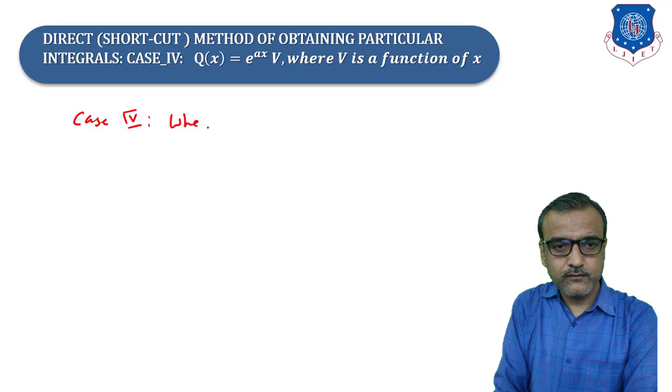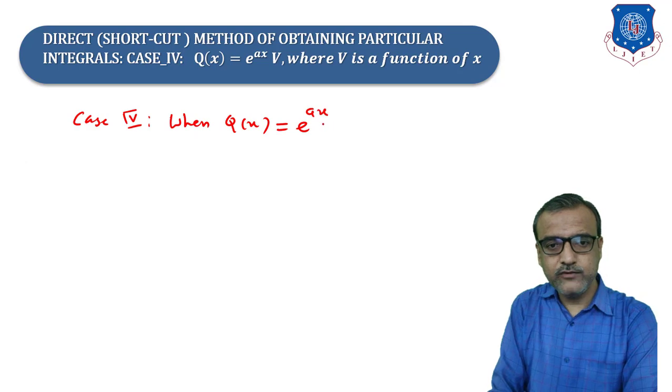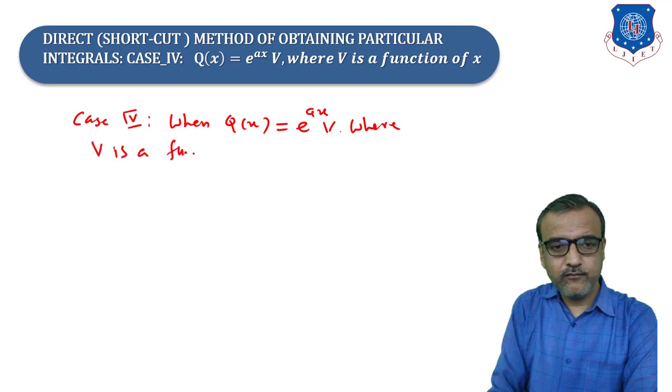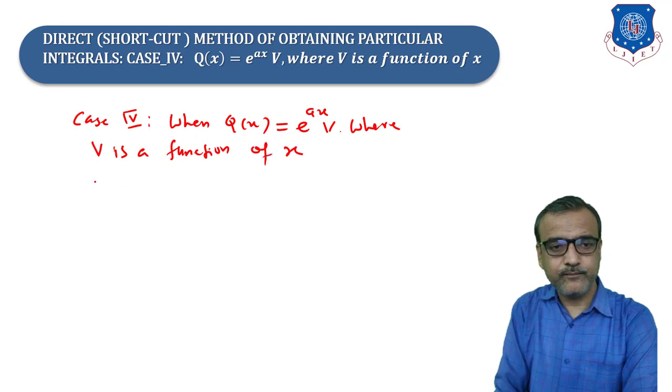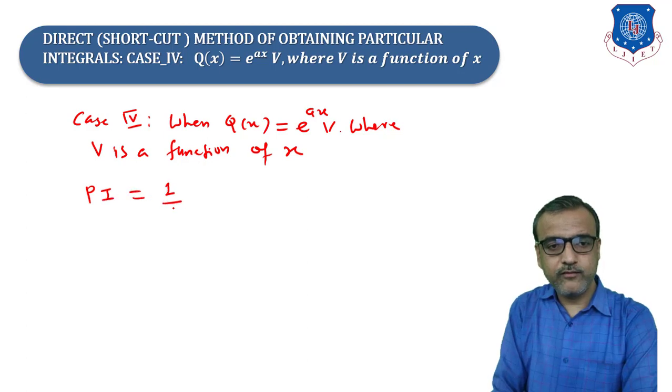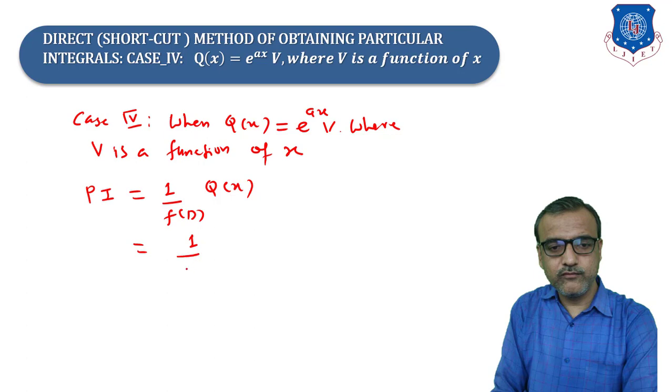When Q of x equals e raised to ax into v, where v is a function of x, and as all of you know, PI is given by the formula 1 over f of D Q of x, which equals 1 over f of D into e raised to ax into v.